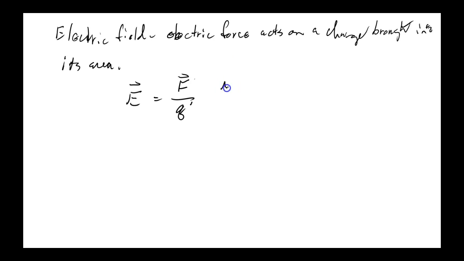Well, this would be newtons per coulomb. That's the only one to give for now. There are some other units we'll use later, maybe, but that is the one we'll use now for electric fields. Okay? Newtons per coulomb.